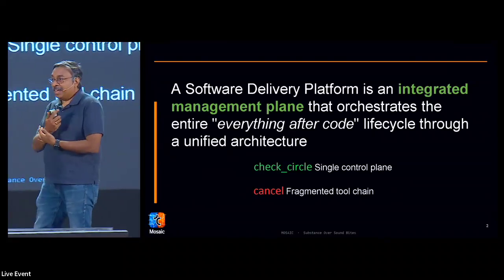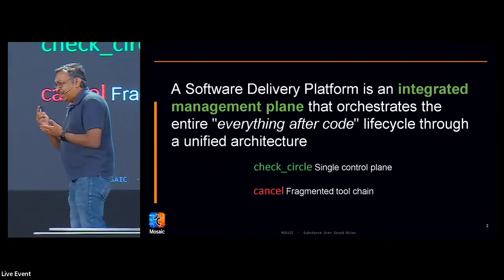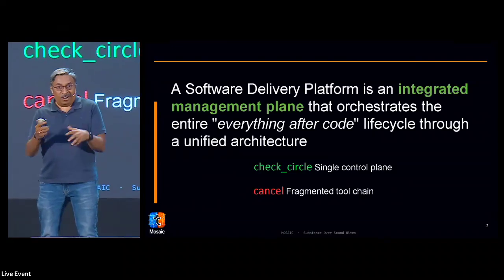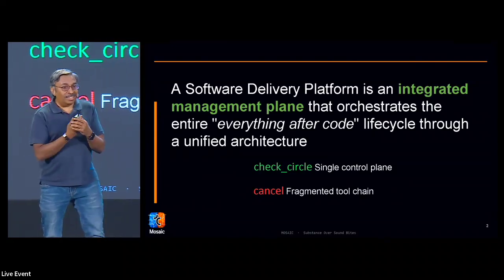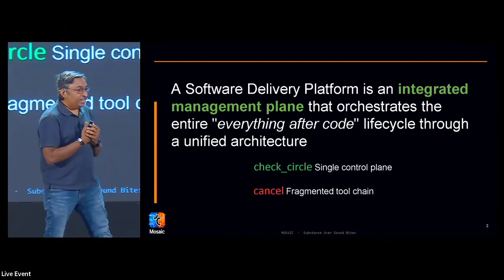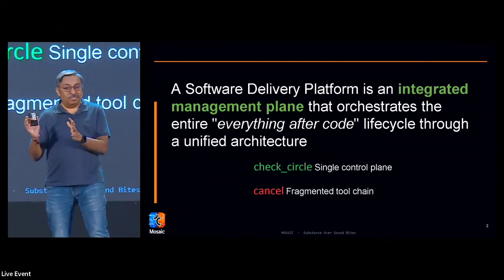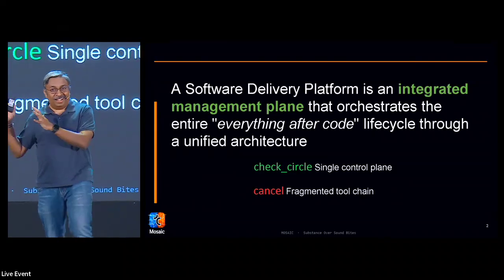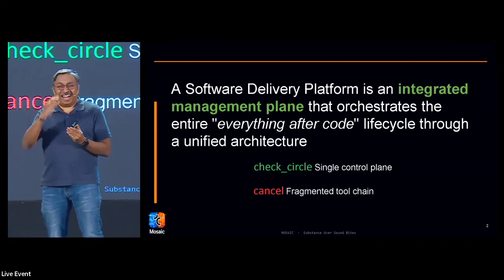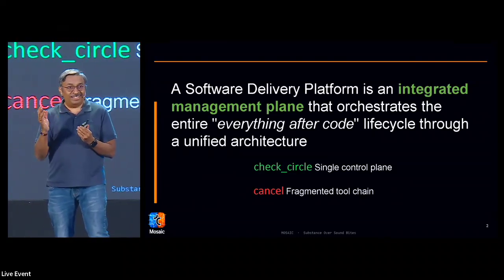It's a software delivery platform. All of us write code, right? After writing the code, what are the different things that make up software that's actually running in production? Can we try and recollect what that is?